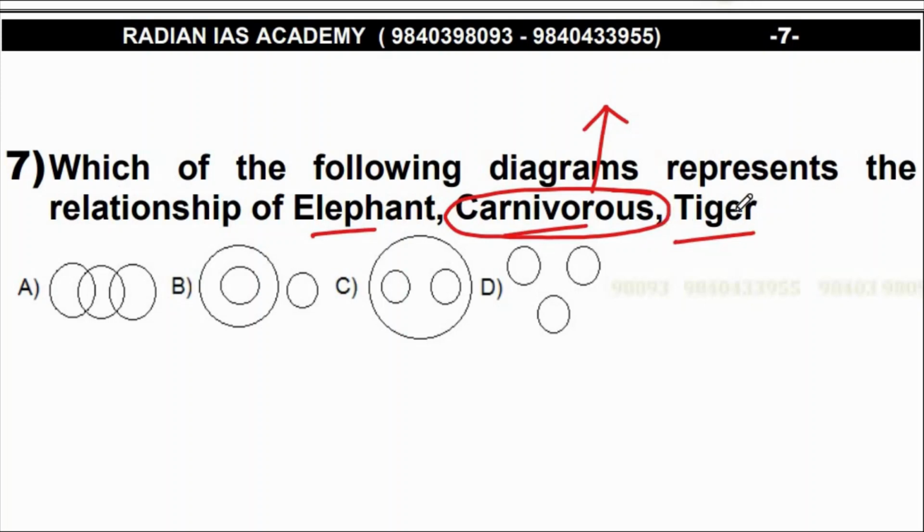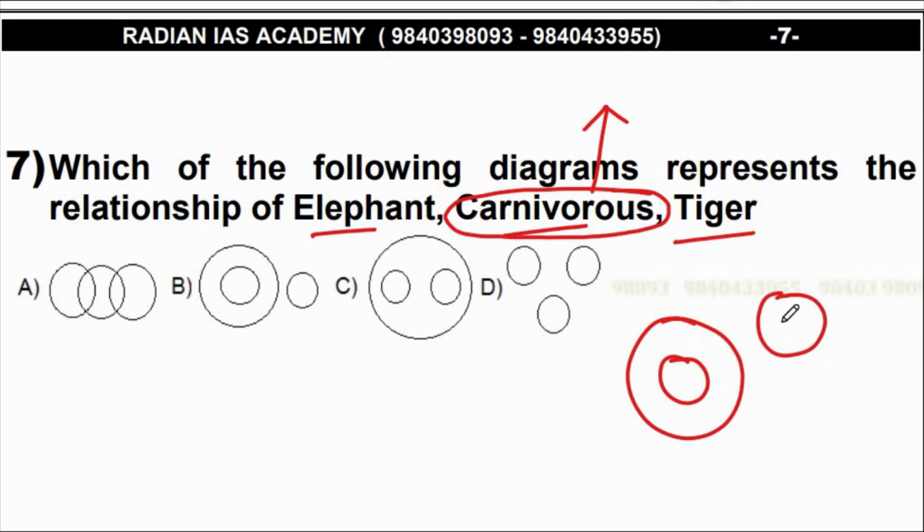So we all know that tiger is a carnivorous. So carnivorous must be a bigger one. Tiger must be inside, because there are many carnivores. And elephant is what? Elephant is different. Okay, so therefore no connection between these two.